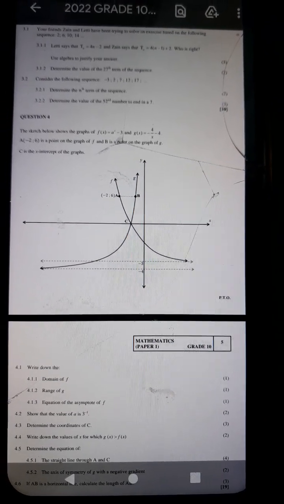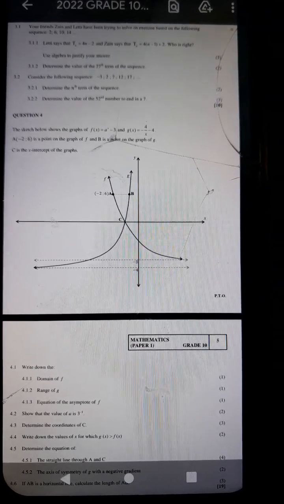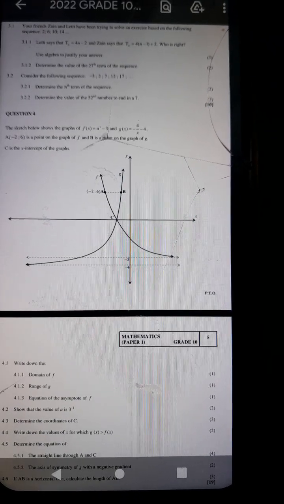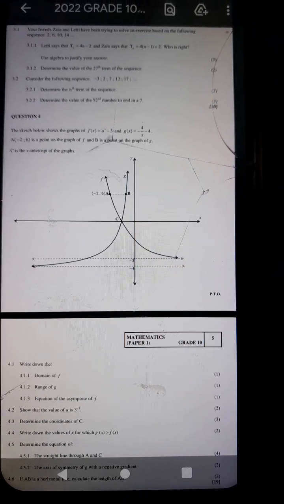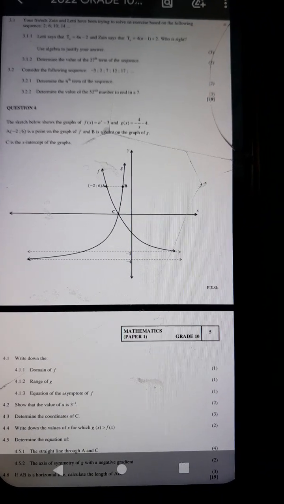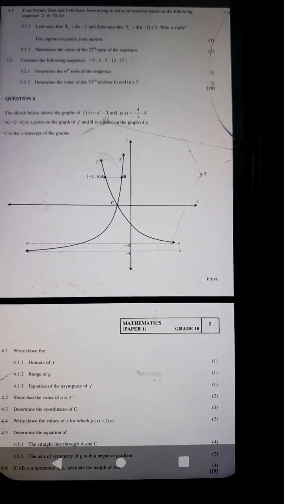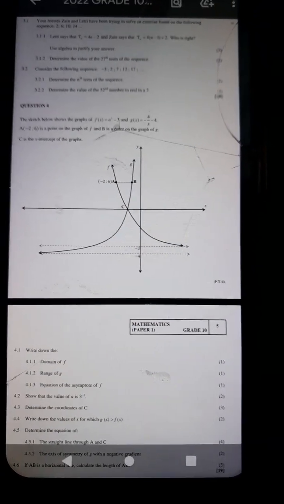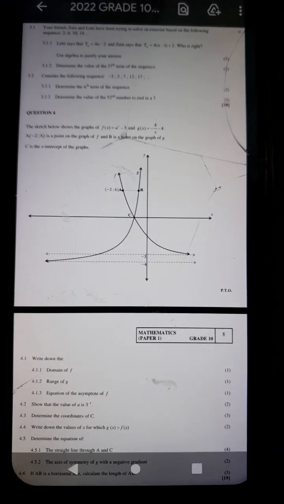At 4.1.2, they said the range of the hyperbola. The range will be y ∈ R, or you can use other alternatives to get the range, but you can also say y ∈ R. Let's put that into practice.